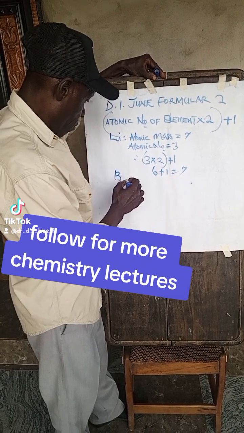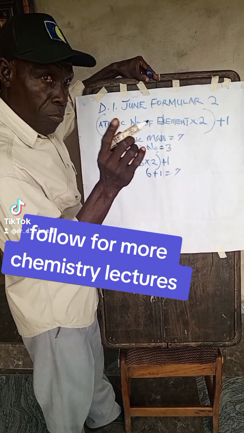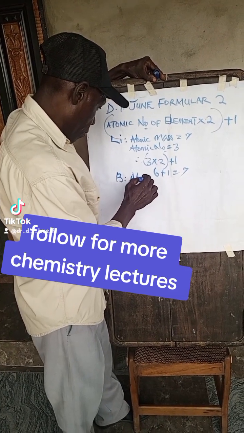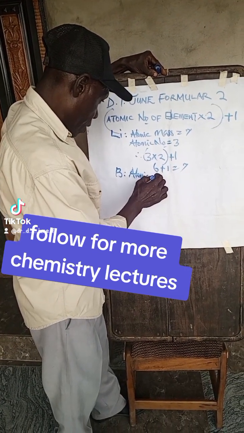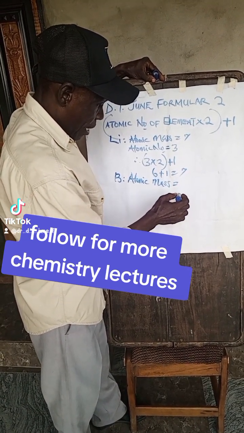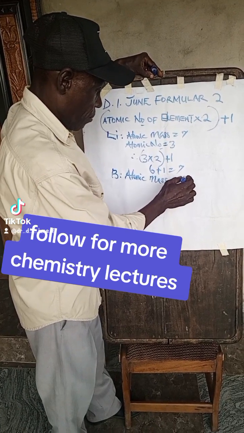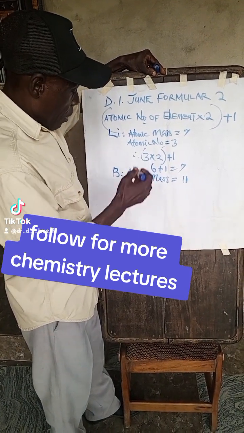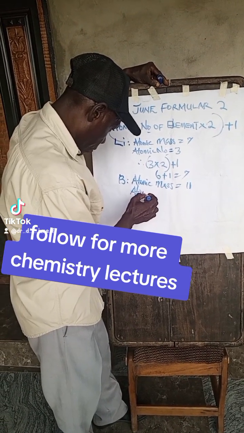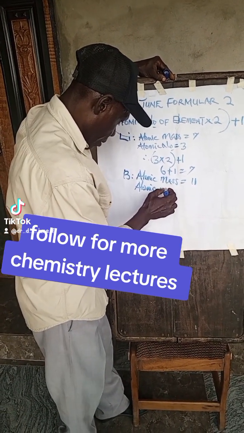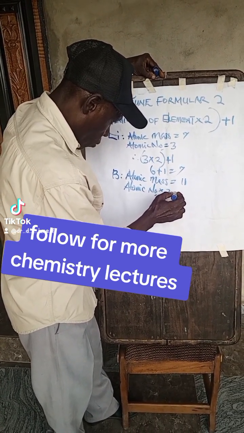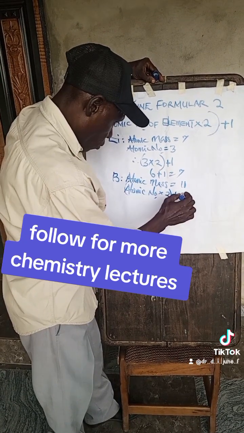Boron. Boron is number 5. So atomic mass of boron, all of us know that is 11. So now the atomic number times 2 plus 1.